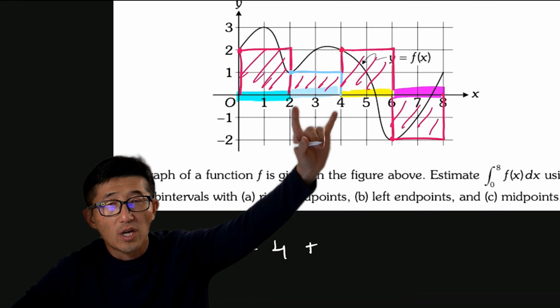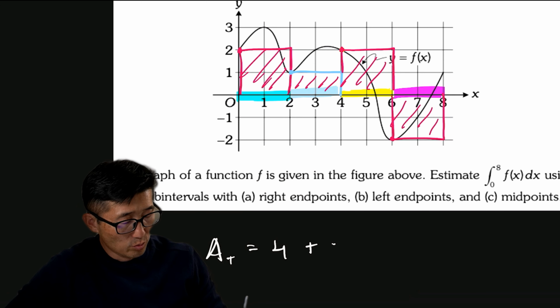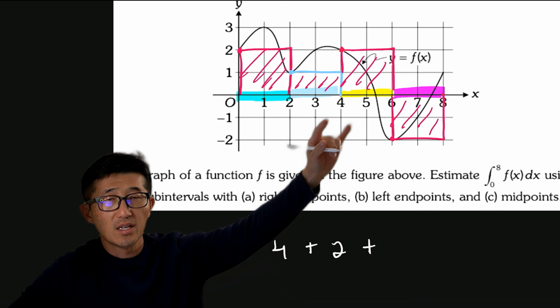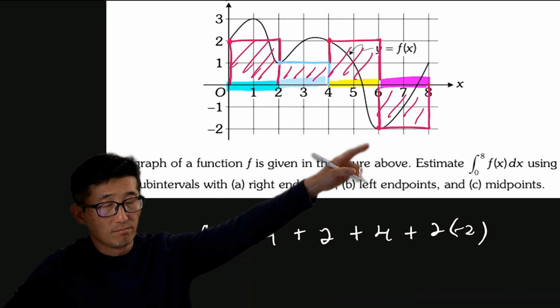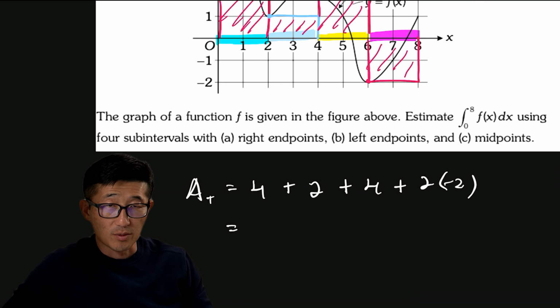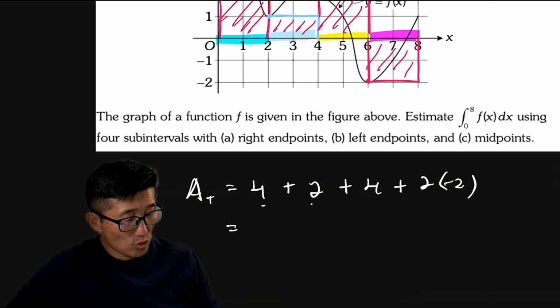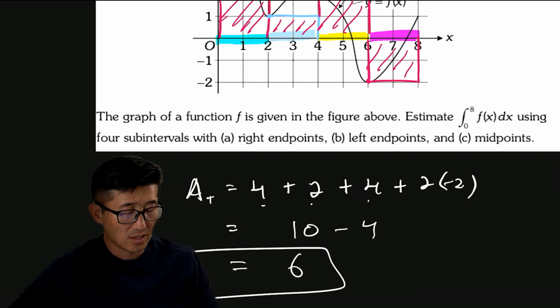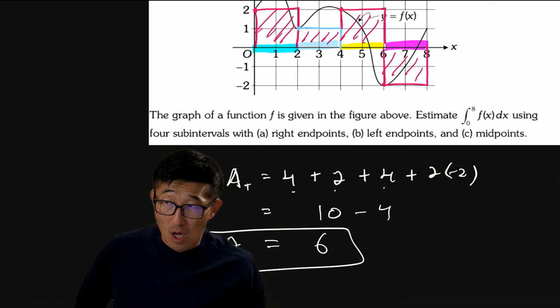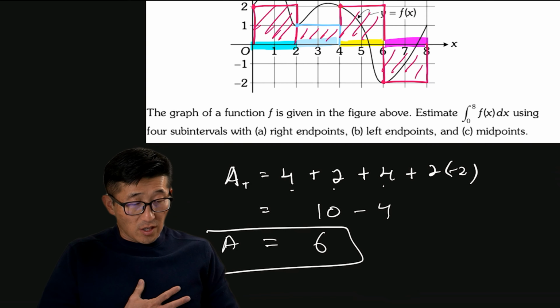And then 2 times 1 is 2. And then 2 times 2, that's 4. And then 2 times -2 for the last one. 4 plus 2 is 6. 6 plus 4 is 10, minus 4, which is 6. So that's another rough estimation.